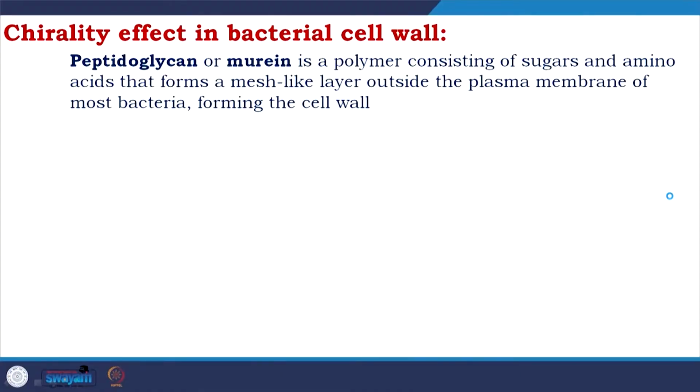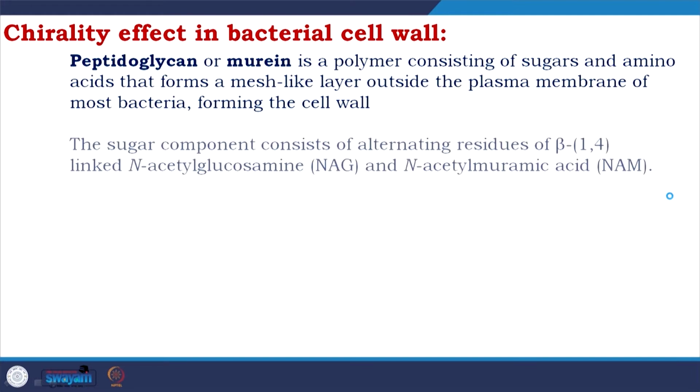chirality. Peptidoglycan or murein is a polymer consisting of sugars and amino acids that form a mesh-like layer, a network outside the plasma membrane of most bacteria, forming the major component of the cell wall.